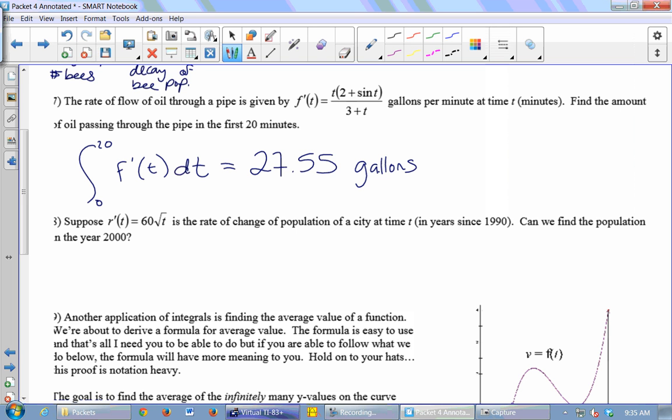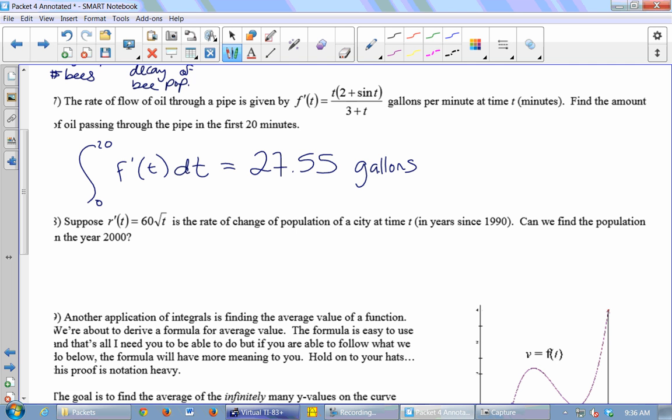Okay, suppose we know R prime. We know a formula for the rate of change of the population of a city at time t in years since 1990. Can we use this information to find the population in the year 2000? The size of the population in the year 2000. We don't know the initial population. We can find out how much the population has grown or shrunk.